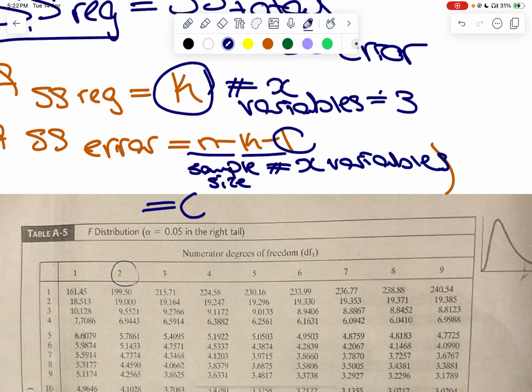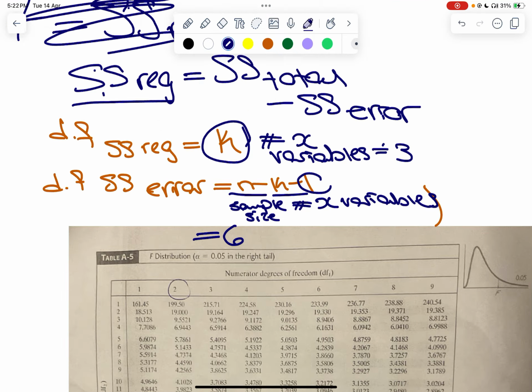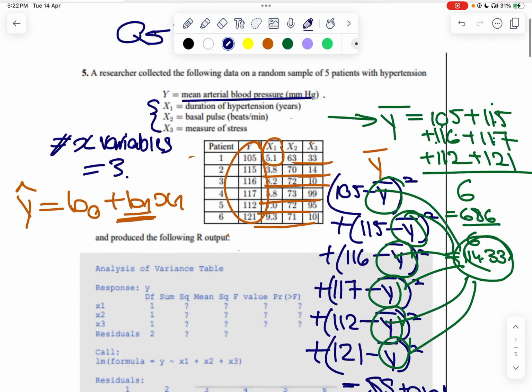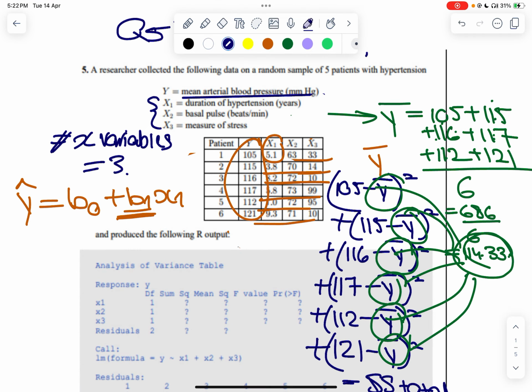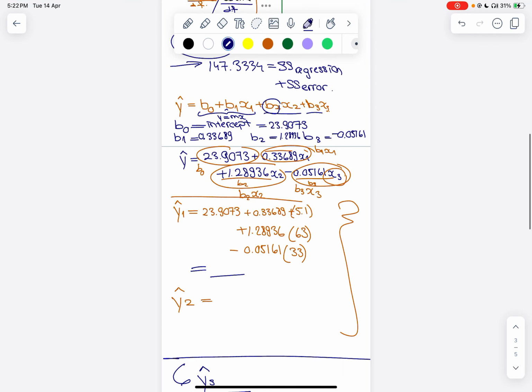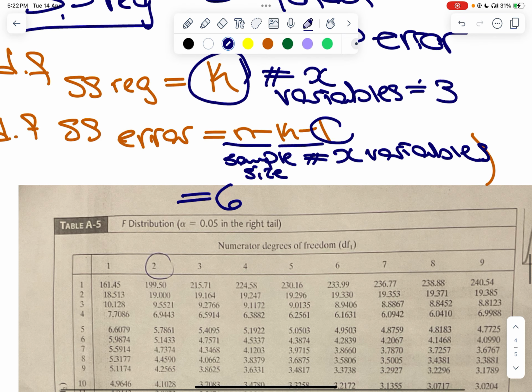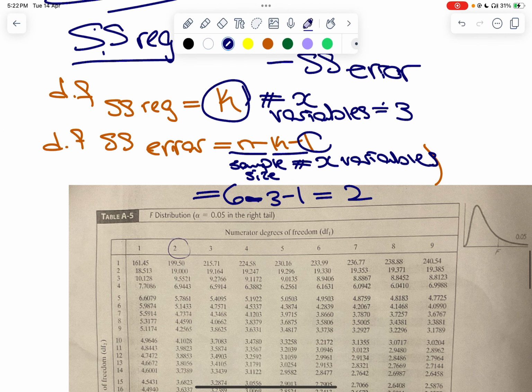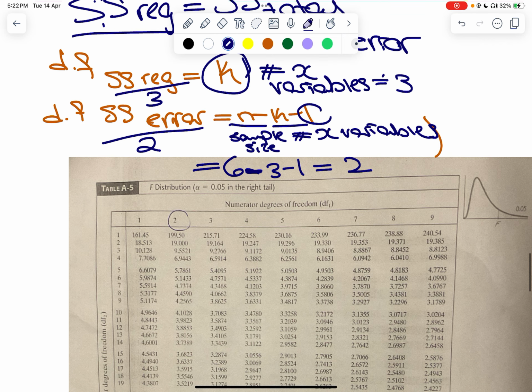So we have 6 patients. Wait, this is weird because this is 5 patients, and here it says 6. So I'm just going to assume it's 6. 6 minus 3 minus 1, which is equal to 2. So you divide SS regression by 3 because its degrees of freedom are 3. You divide SS error by 2 because its degrees of freedom are 2.